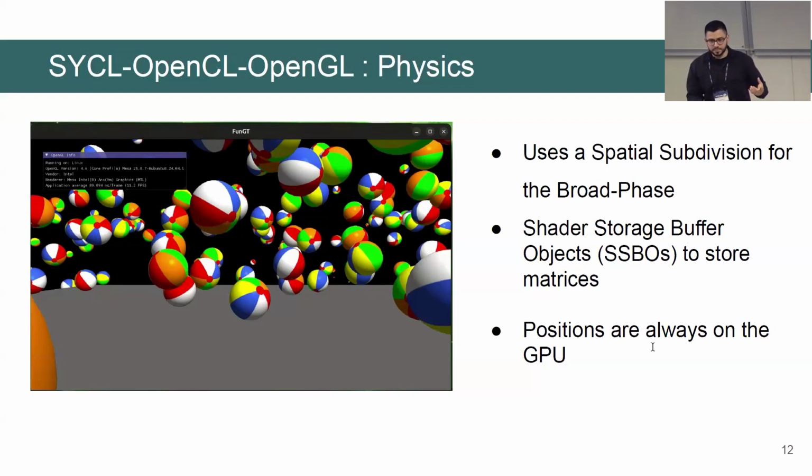This is more efficient. And the important part here is the positions are always on the GPU. We don't create copies back to the CPU. All the time is on the GPU. And if I'm not wrong, this image is from 10,000 balls colliding with a hard surface.